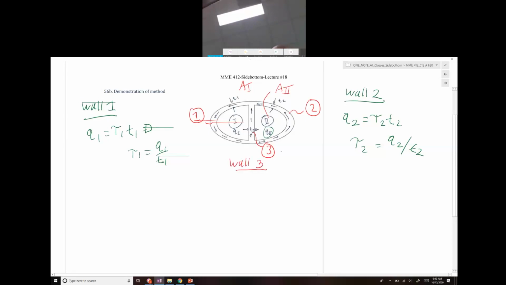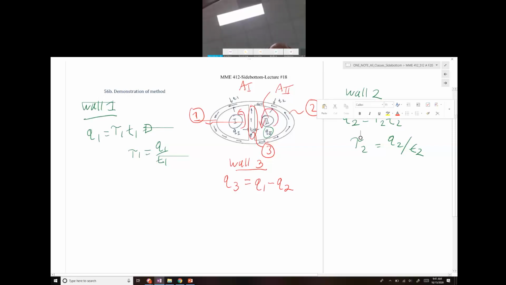In wall 3, we can define the net shear flow, which I'll call Q3. We can say that Q1 will be positive, and Q2 would be negative, because they're going to be going in opposite directions. So I should redraw that. Q1 is going this way, Q2 is going this way.